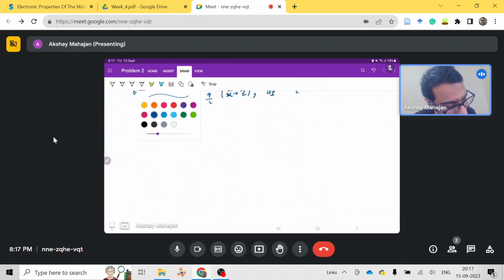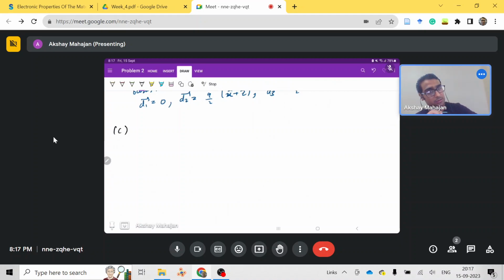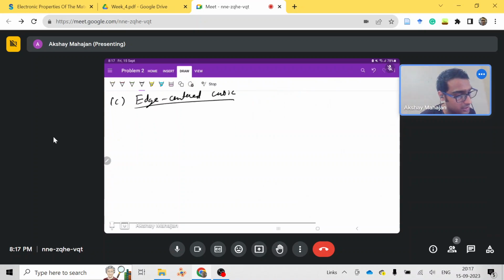Alright, let's go to the last part, which is C. This is our edge-centered cubic system. Now what is an edge-centered? So edge-centered is, okay, again I will have my simple cubic structure.